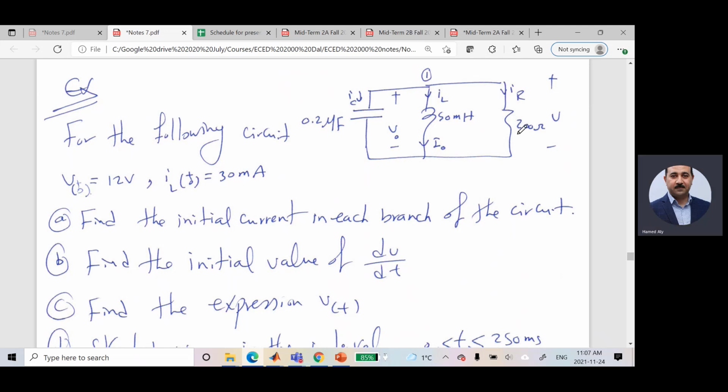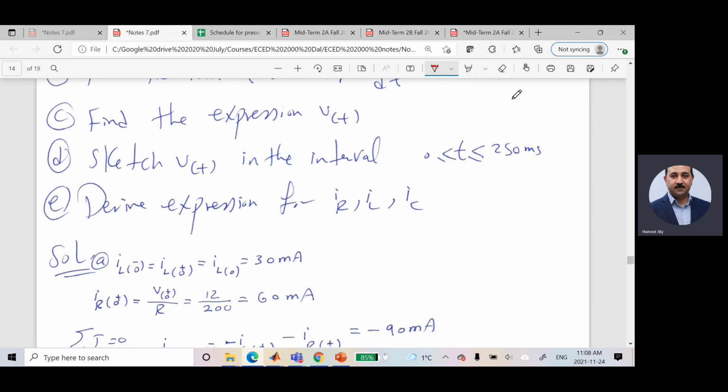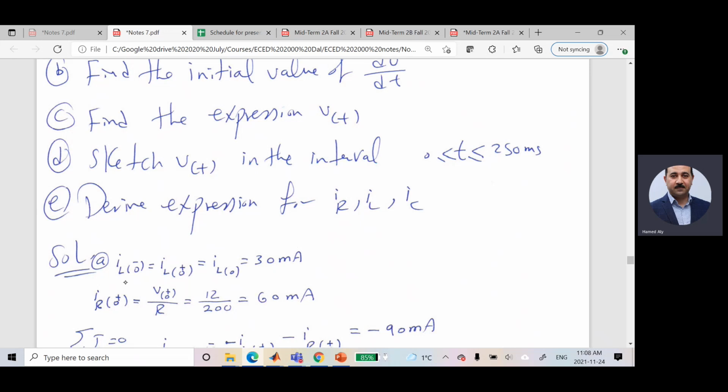What is the initial current here? IR is equal to 12 divided by 200. What about the current in this element? It's given as 30 milliamps. What about the current in this one? It is the negative of the summation of the other two, and this is what I did here. So IL of 0 positive is equal to IL of 0 negative, which is equal to 30 milliamps.